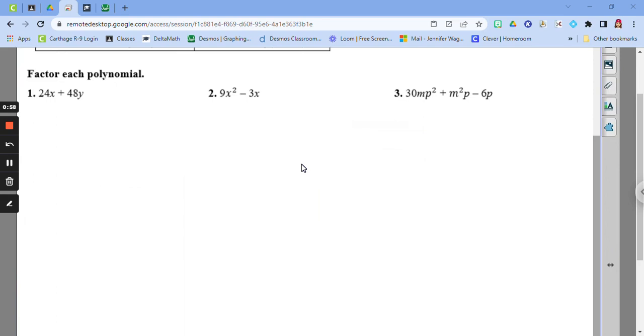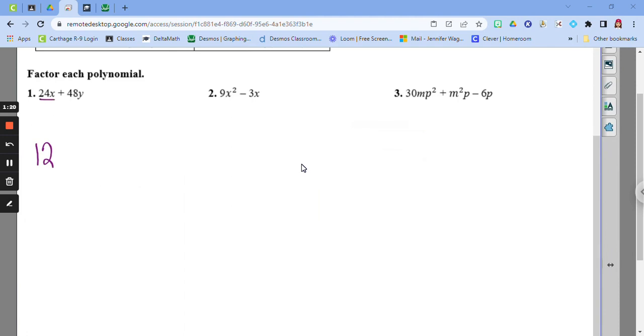A lot may not pick the largest thing. So if I were just to divide both of these by 12, make myself some room. Do they have any variables that are the same? No, one has an X, one has a Y, so I can't do anything there.